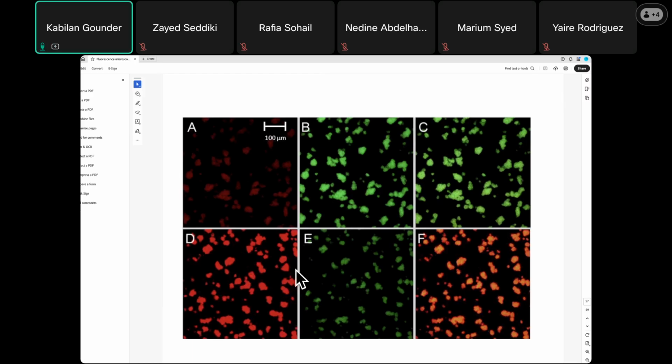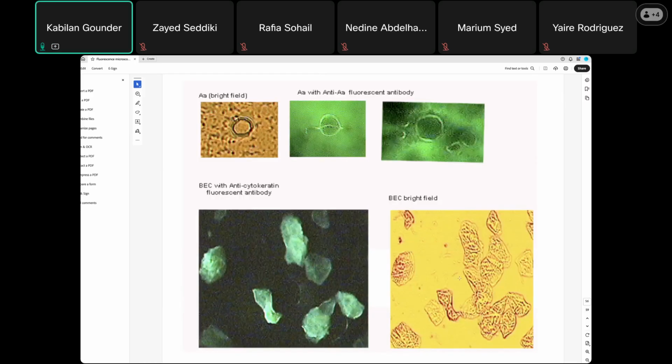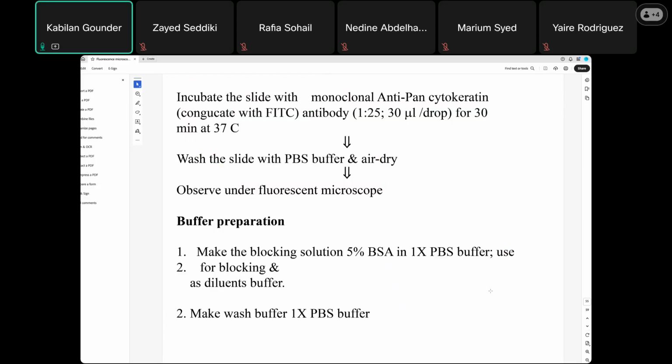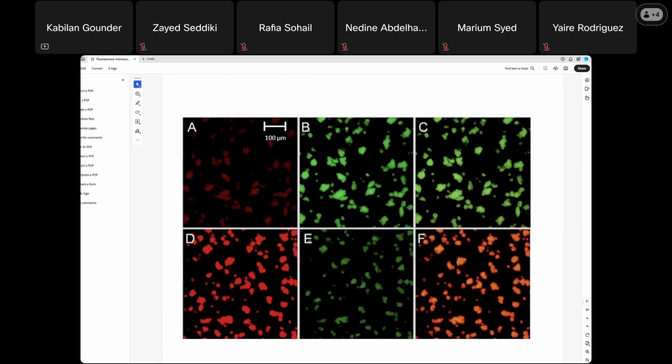But when you merge, you can see, very interestingly, this is the biofilm, and the inside of the biofilm is less red when compared to the periphery. You can see more dead cells on the biofilm surface than the inside.